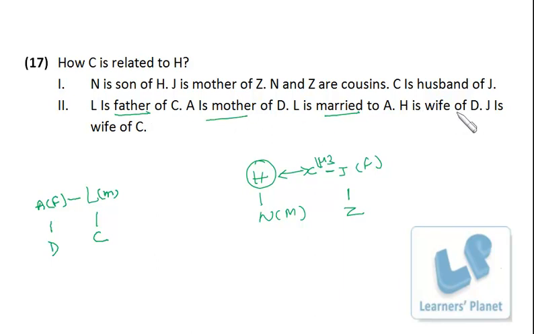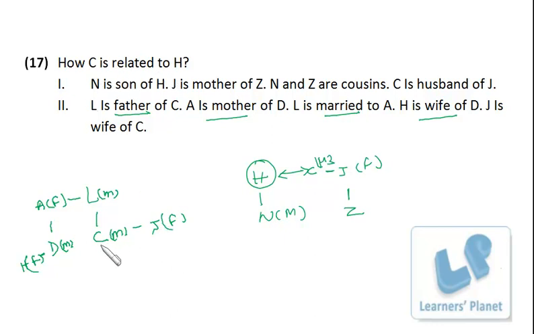H is wife of D. So D must be male and H should be female. Both of them are husband and wife. J is wife of C. So C is also male and J must be female. Okay, so how is C related to H?